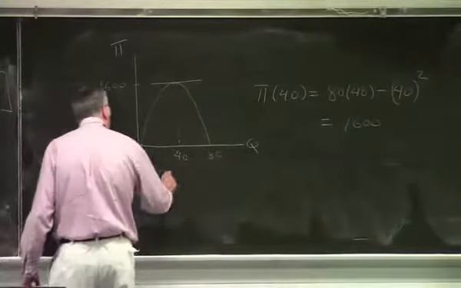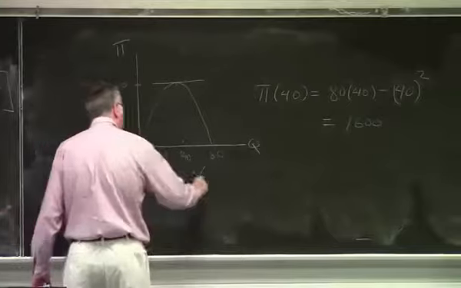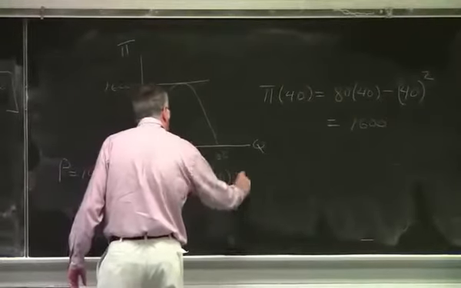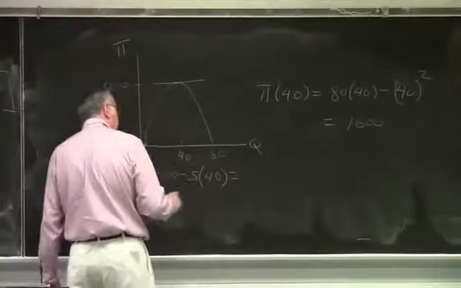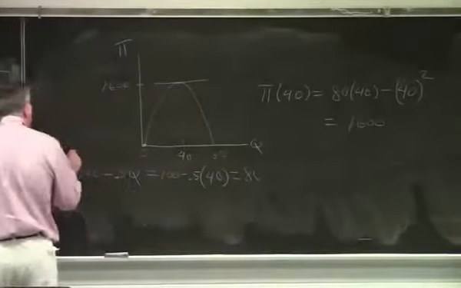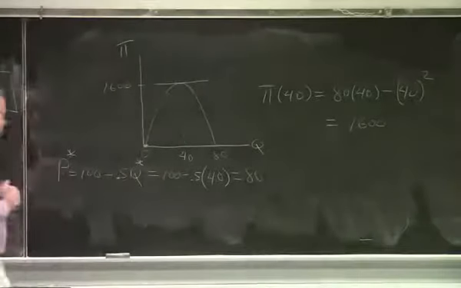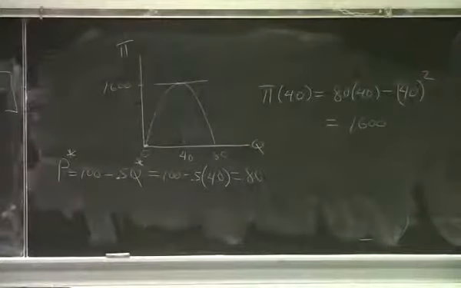It would be 100 minus 0.5 times 40. 100 minus 20 is 80. And we'll call this P star. Q star is the profit maximizing output. The profit maximizing price would be 80.